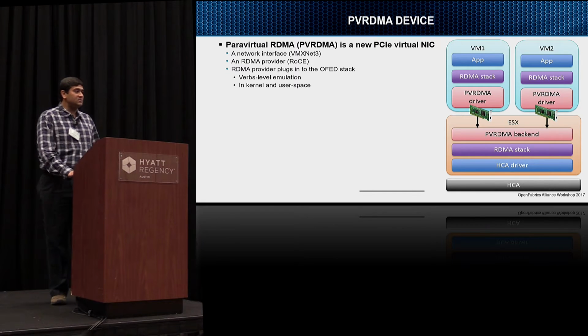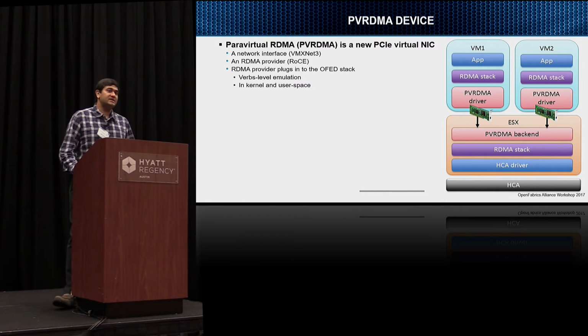From a virtual machine perspective, the PVRDMA device is a virtual Ethernet device, which is a VMX-centric device, coupled with an RDMA device as well. The RDMA device plugs into the OFED stack using our driver and user library, so any RDMA-based applications can take advantage of the device without any modification.